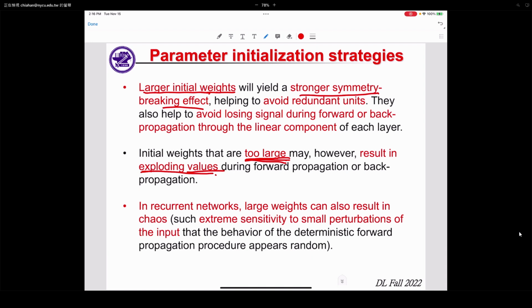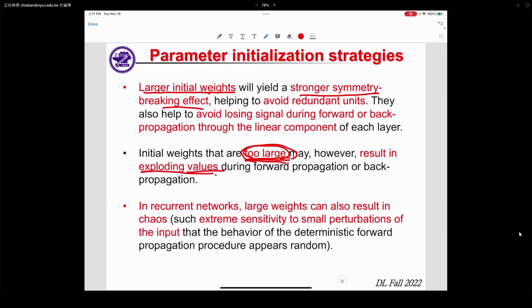But the problem is that if it's too large, you saturate the units, and you won't get good gradient information. You want the weights to be large enough to provide enough gradient information to guide you in which direction you should go. But if it's too large, you saturate units.